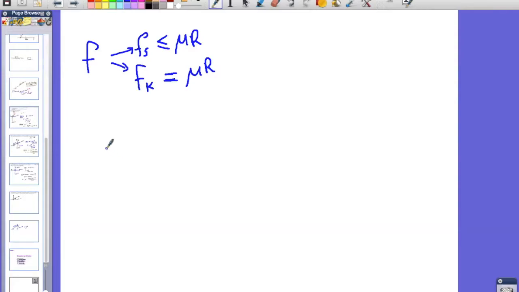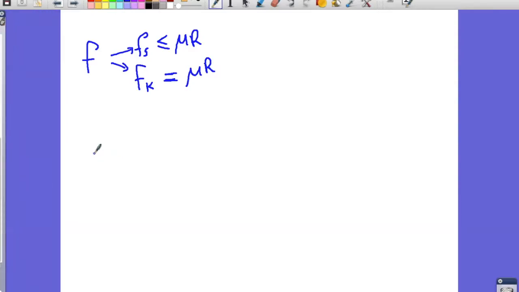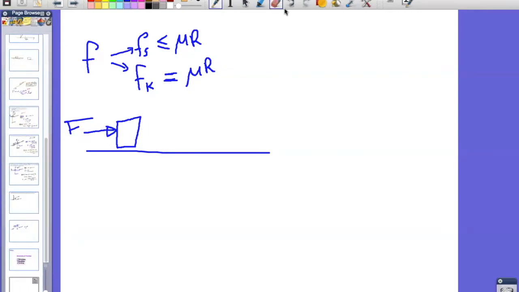Now, you will encounter problems like this. For instance, you have a box here, and you don't continuously push it, you just give it some sort of an impulse. You push it very quickly and you take away this force. After you push it, it starts to move, you take away this force.